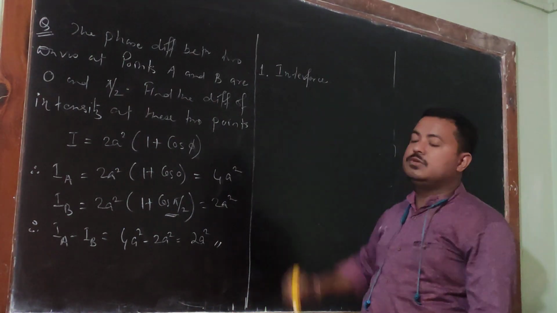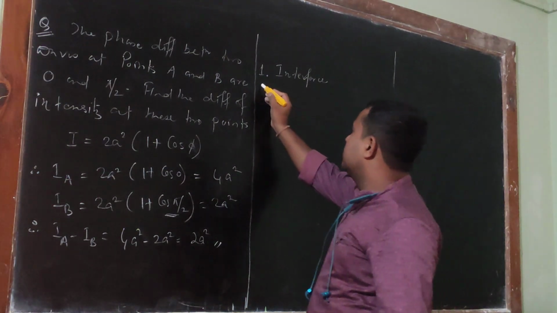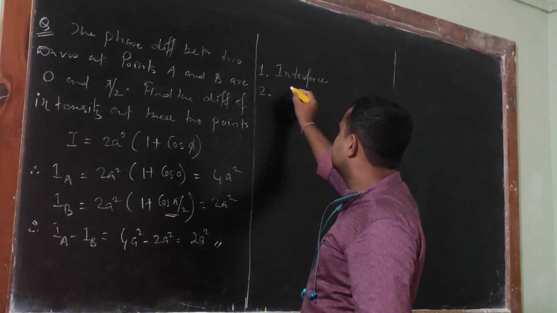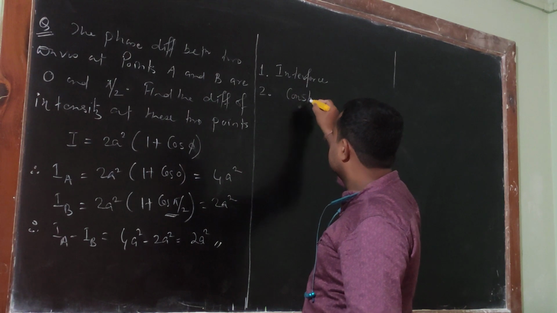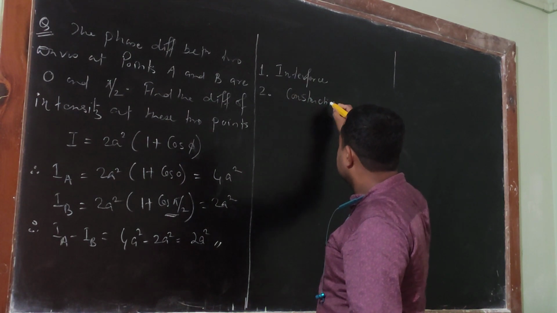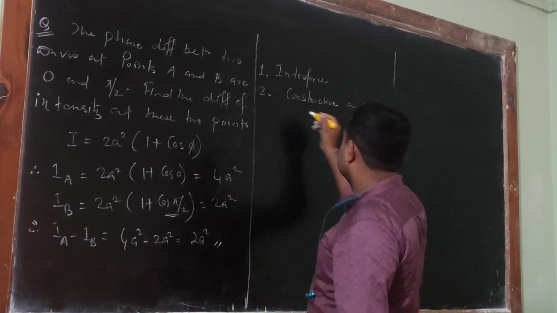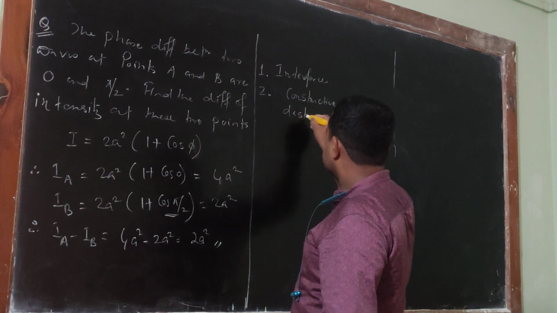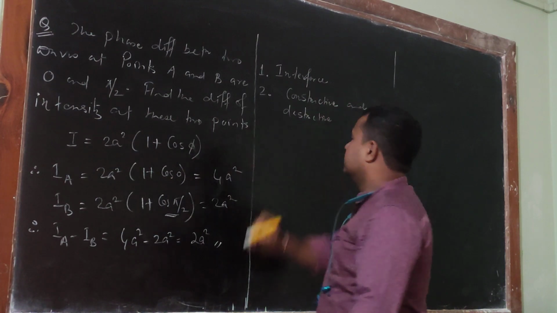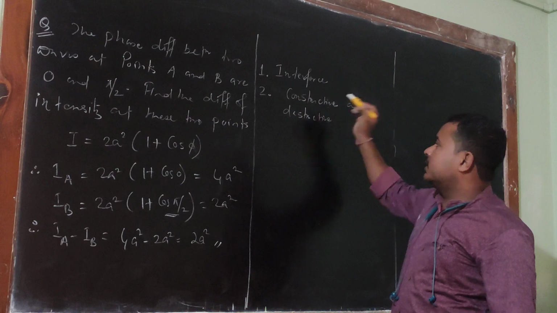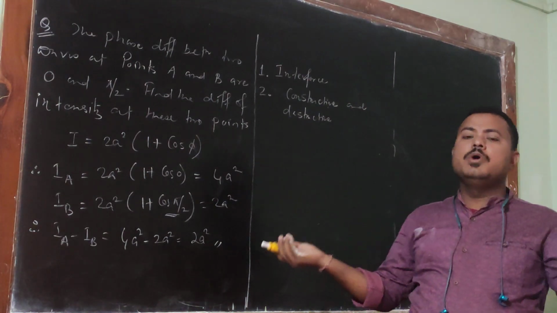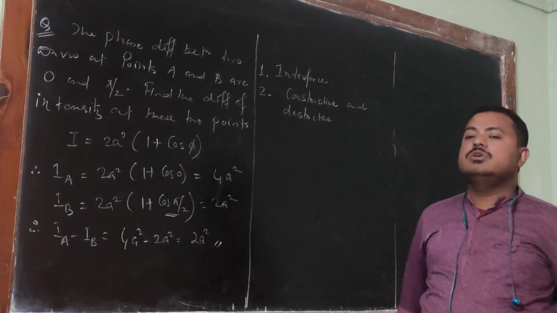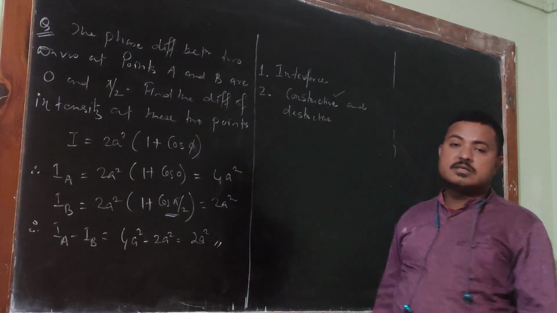Then I discussed its types, that is constructive and destructive interference. In constructive interference, the two waves meet in the same phase, so it gives you the maximum intensity.